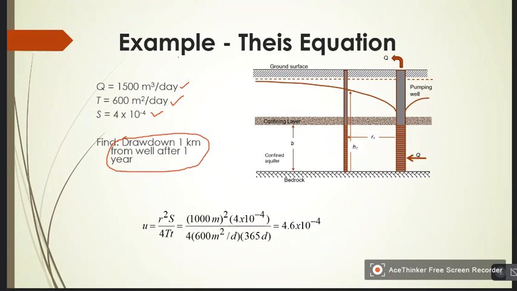So therefore, for this set of data, now you calculate U. U is equal to R squared. R is 1 kilometer. So in meters it is 1000. R squared. S is the storage coefficient. It is a dimensionless value. So as it is, you will use it.